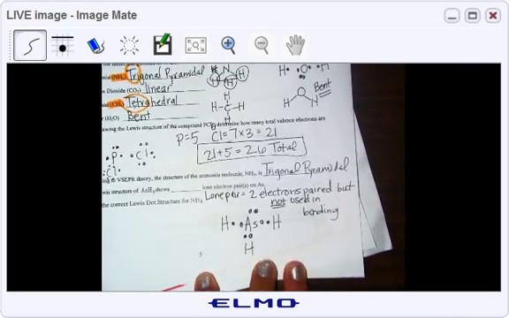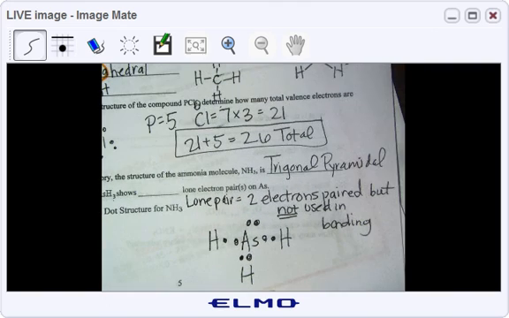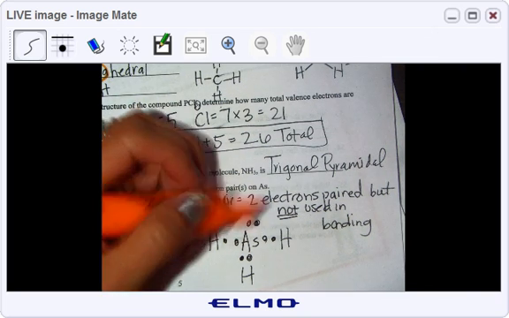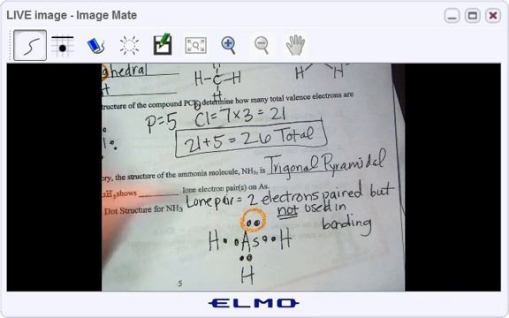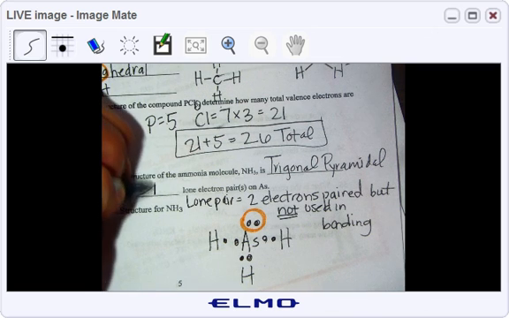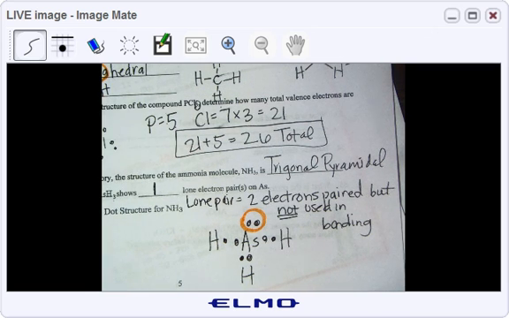I'm going to zoom in a little bit. Okay, the lone pair, 2 electrons paired, but it's not used in bonding. So these 2 are paired up here, but are they being used to be bonded to anything? No. So you have 1 lone electron pair.